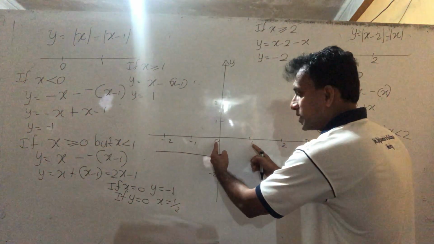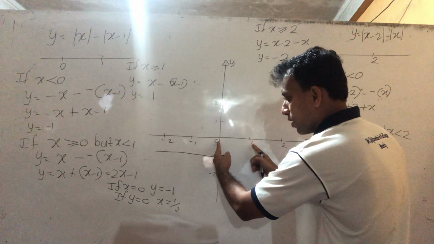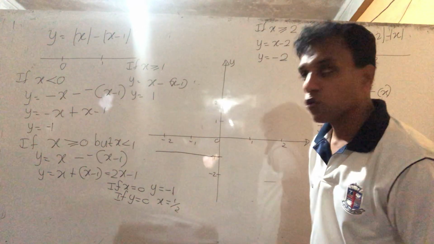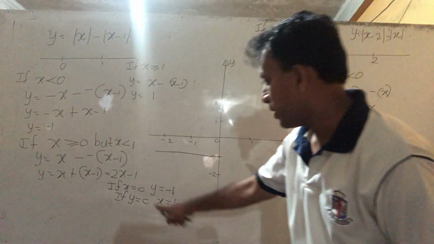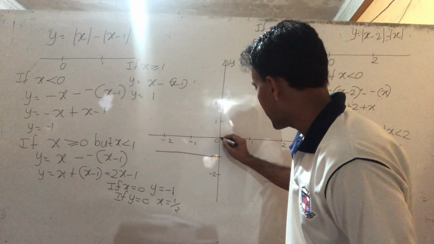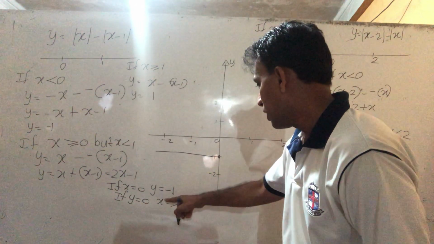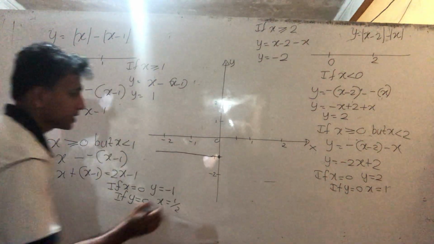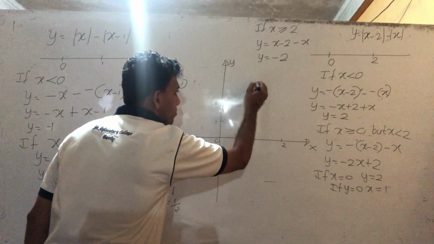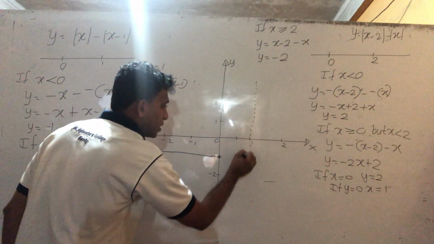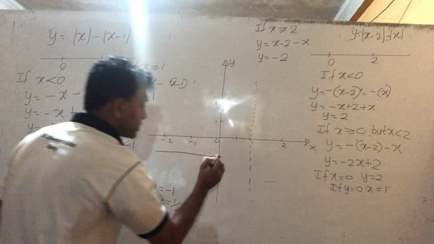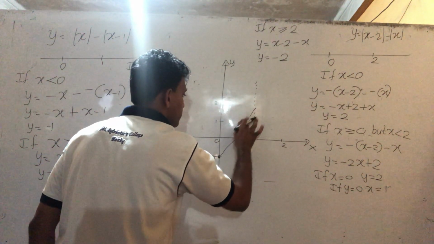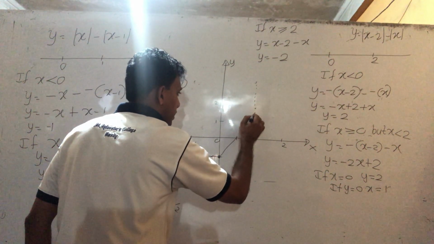Between this, how is the graph? y equals 2x minus 1 shape. That means x is 0, y is minus 1. When y is 0, x is half. We have the graph, but it should be between 0 and 1, right? Between 0 and 1, it's a straight line like this.